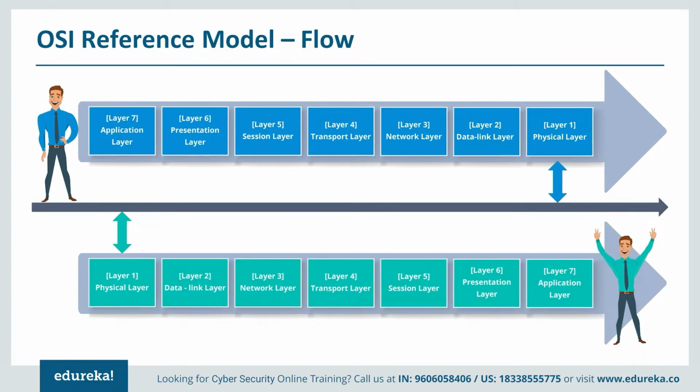For example, if the green person wants to send information, the same hello message will move from the application layer, presentation layer, down to the physical layer, and it will be passed on to the other person's computer over the physical layer, data link layer, and moves up and reaches the blue person. Even if multiple people and multiple devices are communicating, any number of devices needs to follow the same layers from layer 1 to layer 7 or in the reverse order, layer 7 to layer 1.